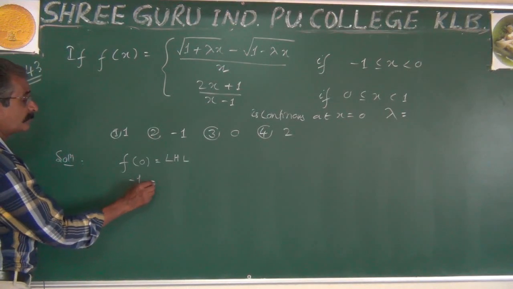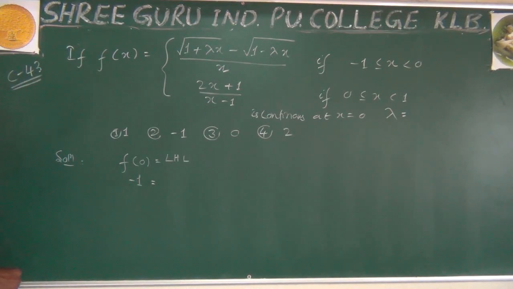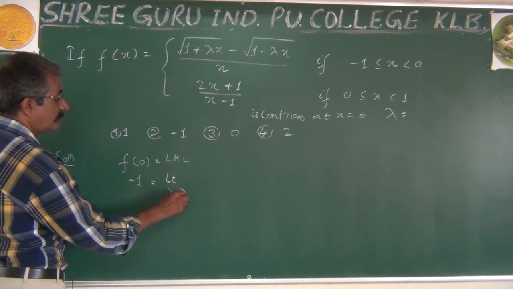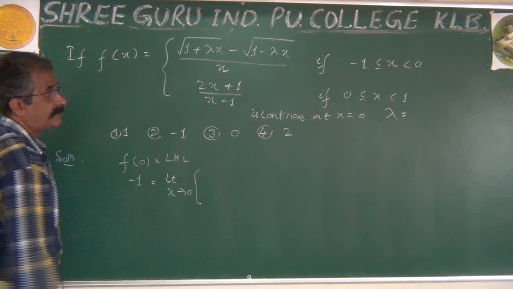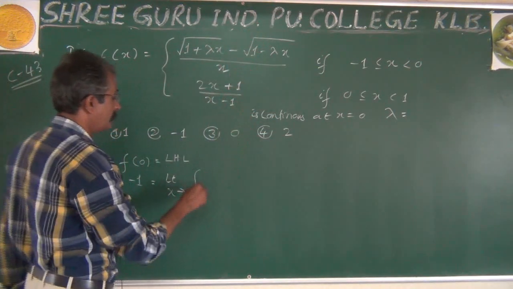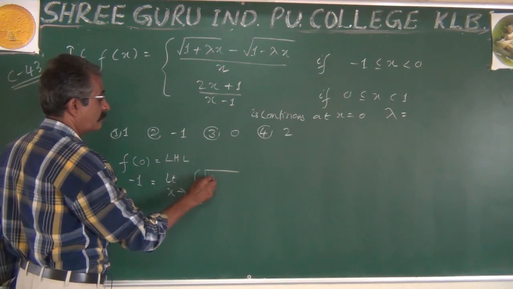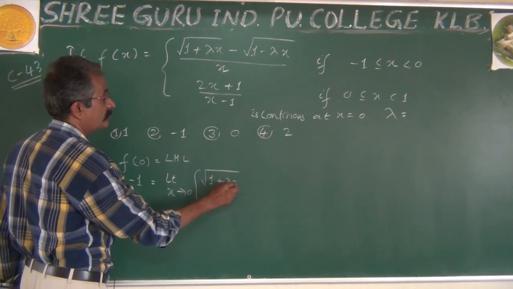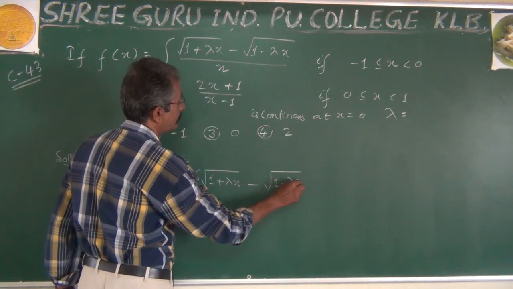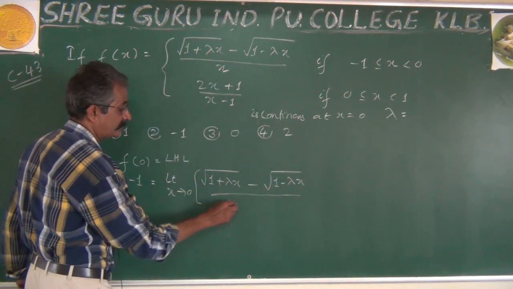Total f of 0 is minus 1. Left hand limit, x tending to 0, refers to x less than 0, defined by the expression root of 1 plus lambda x minus root of 1 minus lambda x divided by x.